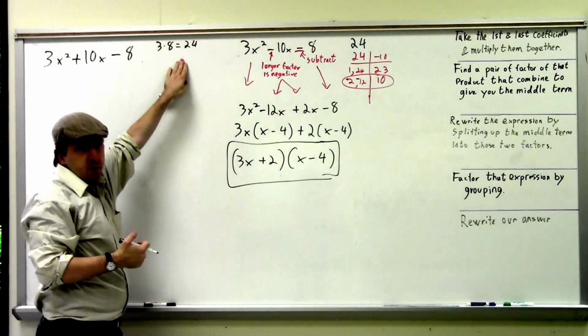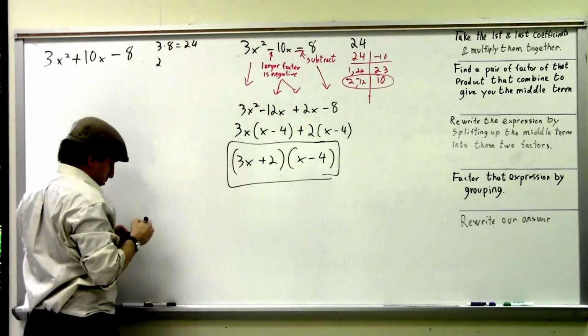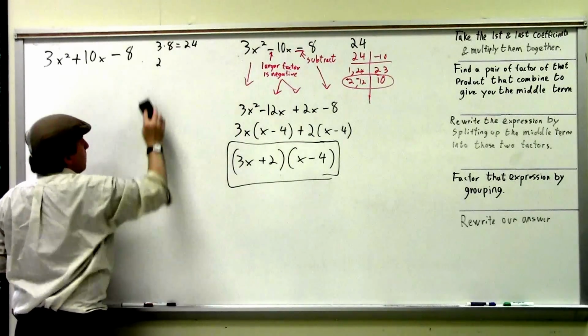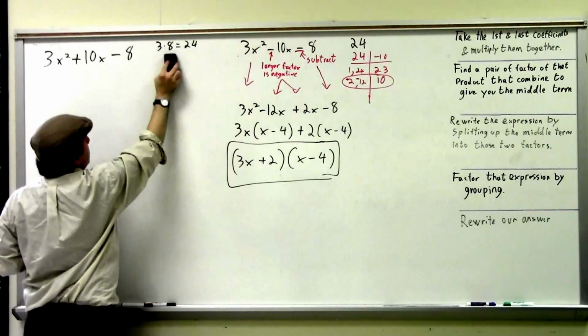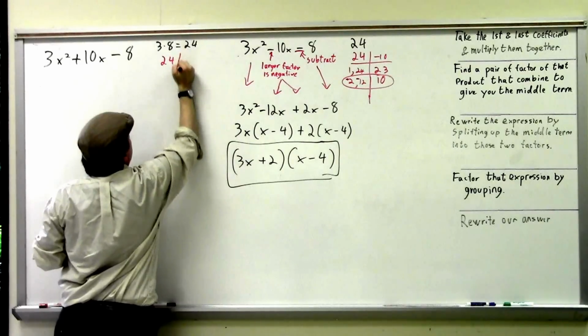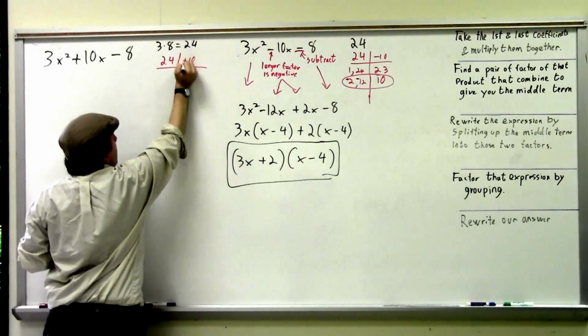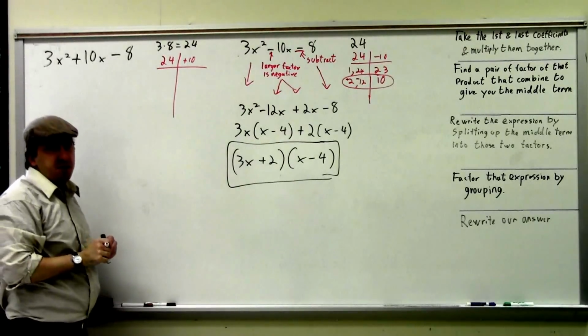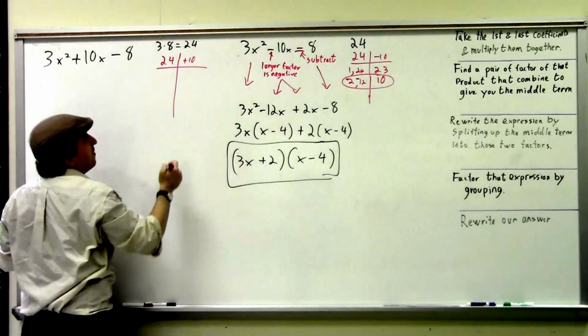We're looking at factors of 24. We start working on our list. Looking for positive 10 in this case. I almost made a mistake there. It happens.